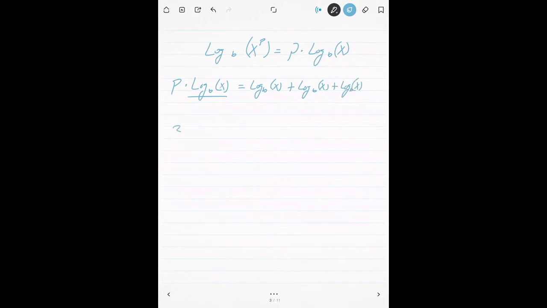For example, if I said 3 times log base 5 of 13, whatever, I'm just making something up. This is saying take log base 5 of 13 and add it 3 times.